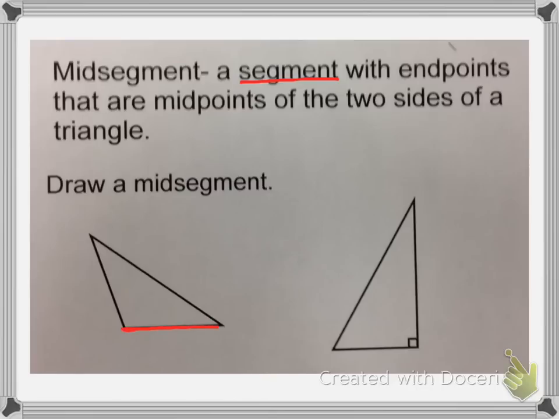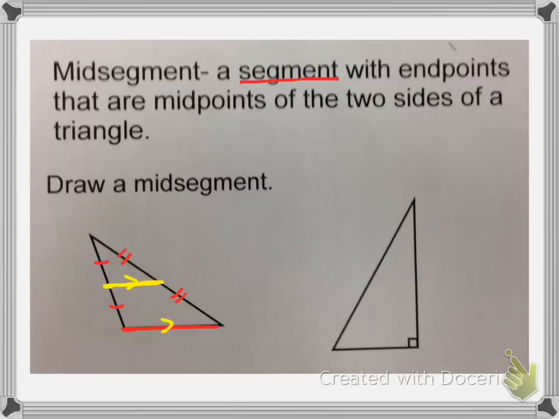If I do the midpoint of this side and the midpoint of this side, it ends up being a line that is parallel to this side, and then it creates congruent sides. So this side is congruent to this side, and this side is congruent to that side. Now the other thing that happens is that the midsegment is actually half the length of the base.